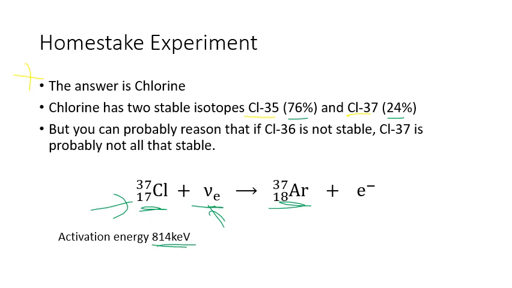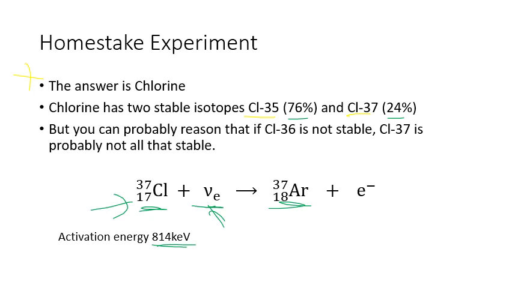Now, how do you detect that? Well, of course, argon is an unreactive gas. So if we have our chlorine in a compound, and some of the chlorine gets hit by neutrinos, that'll form argon. The argon will no longer be part of that compound, and we'll have argon gas. We can measure how much argon gas gets made.